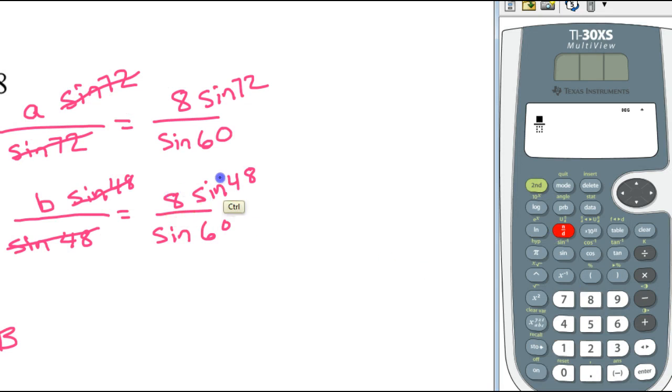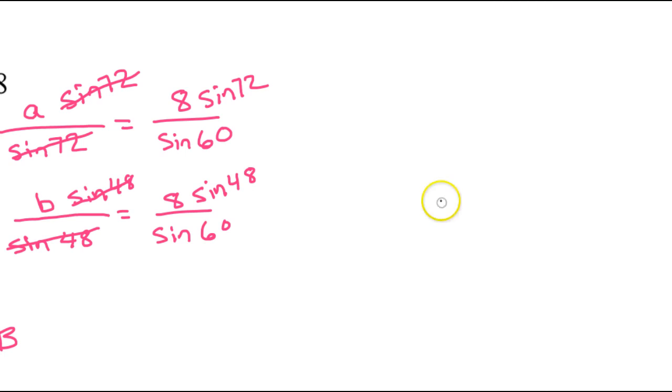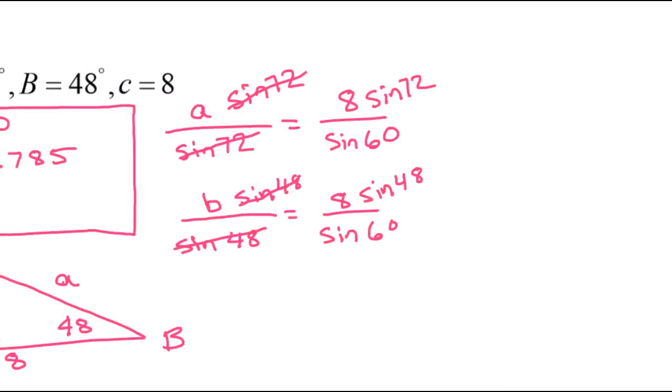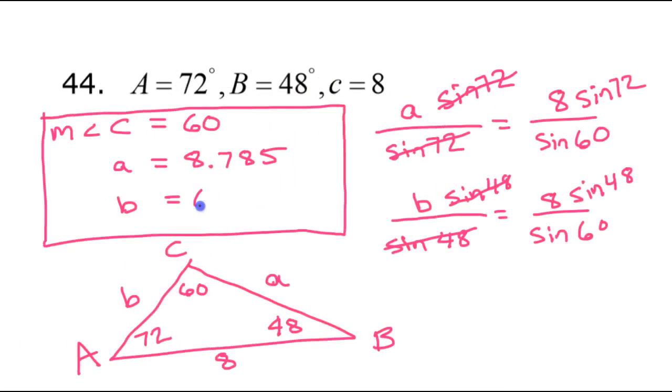Okay, so I've got 8 sine 48 over sine 60. Okay, so that's 6.865. Got to round up. And that's how it's done.